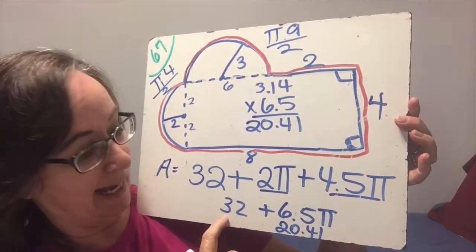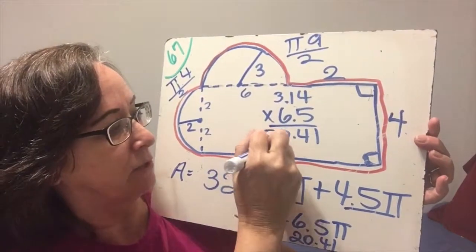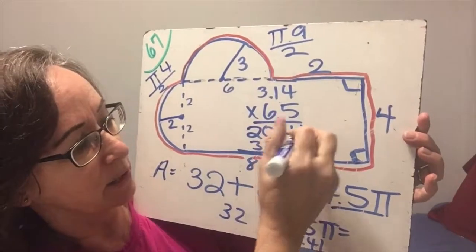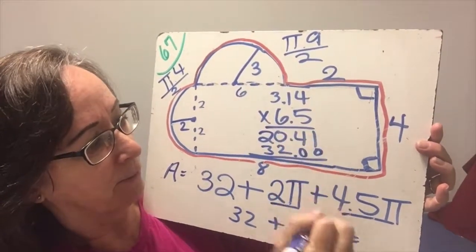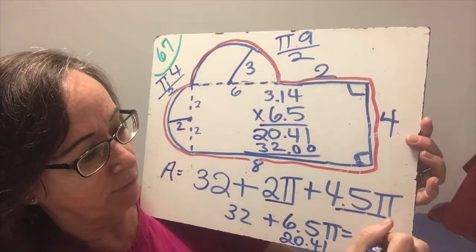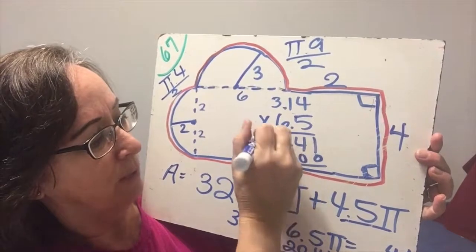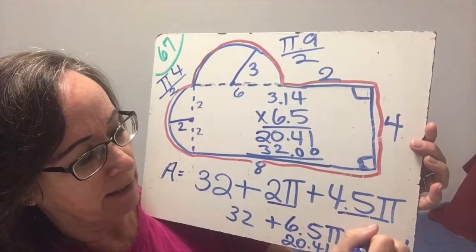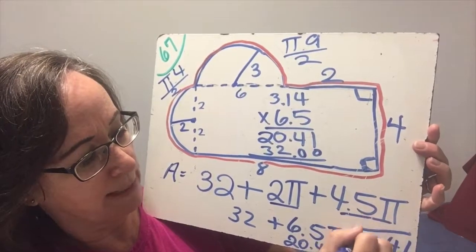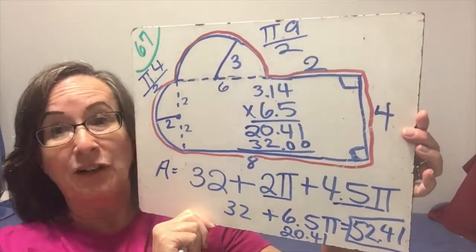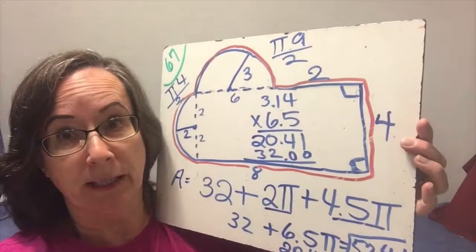Okay, and then we're going to add 32 to it. So let's just do that up here, 32. So we can see what our answer is. So we had 0, 0 there. So 41 hundredths is still in our decimal. So then we have a 2 and a 5. 52.41.